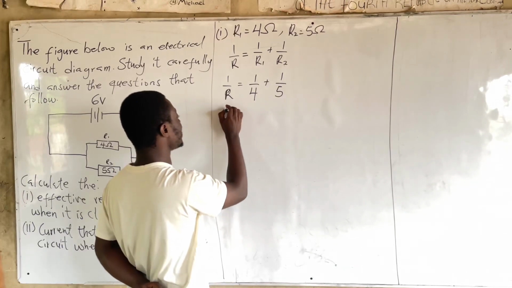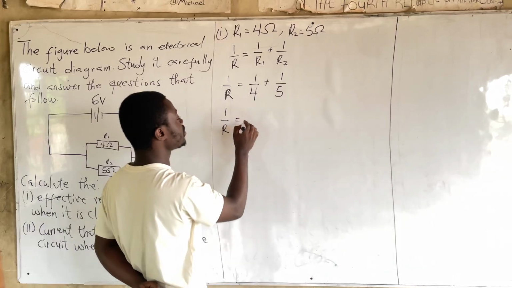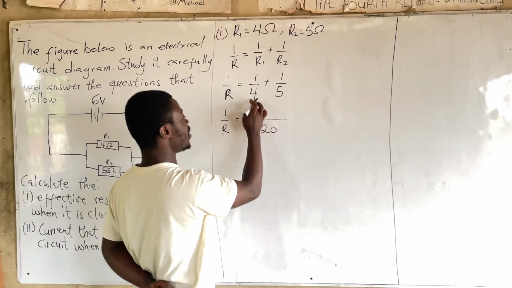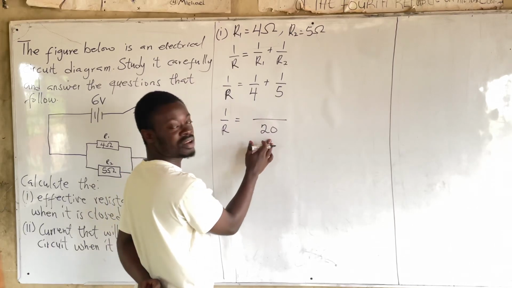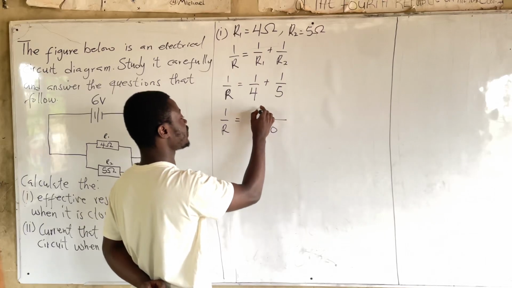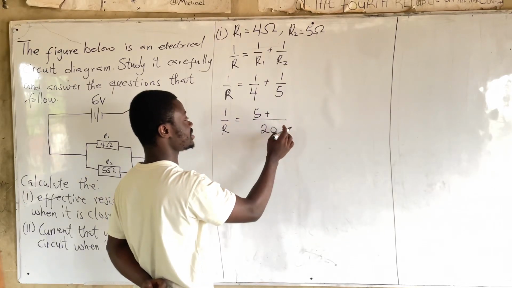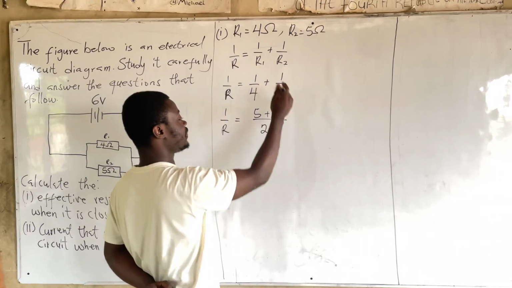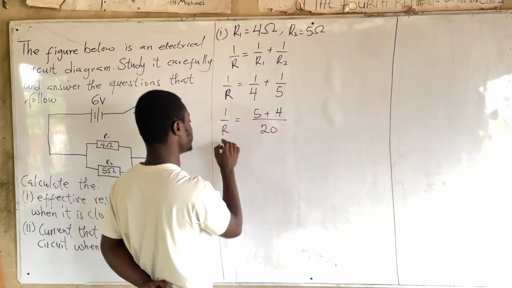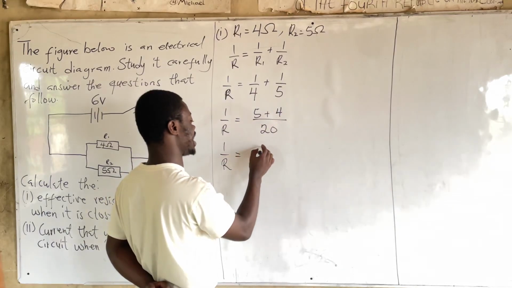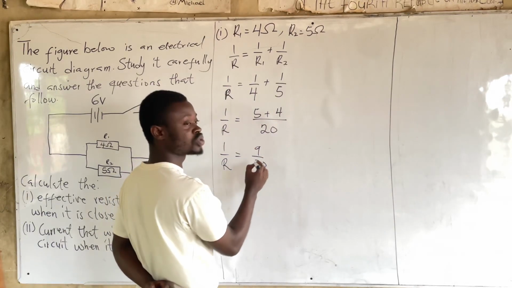So 1 over R equals, with LCM 20: 4 goes into 20 5 times, and 5 times 1 is 5, so we get 5 here. Plus 5 goes into 20 4 times, and 4 times 1 is 4, so we get 4 here. So 1 over R will be equal to 5 plus 4, which is 9 out of 20.